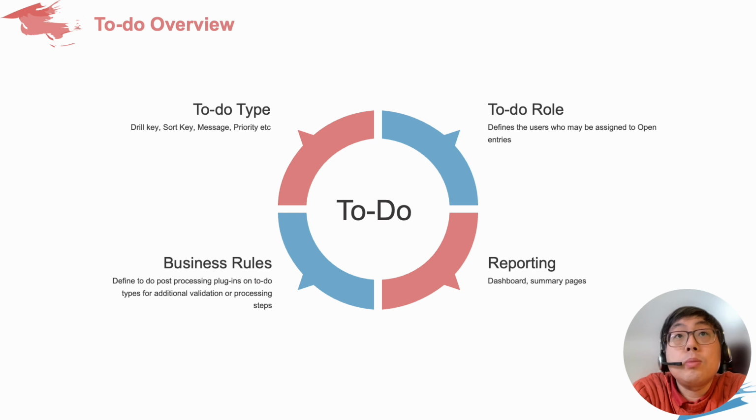Business rules are more around the different behaviors this To Do should exhibit. For example, it defines the post-processing algorithm for validations or routing, etc. And the last thing is the reporting part.